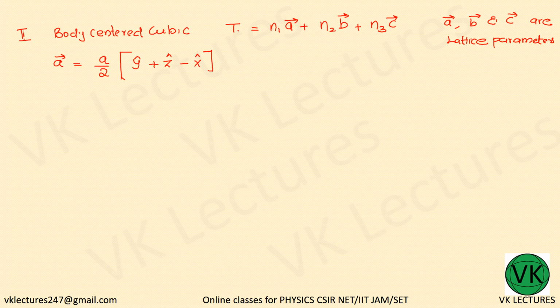Okay. Now lattice parameter B is a by 2 into z cap plus x cap minus y cap. Vector C is equal to a by 2 into x cap plus y cap minus z cap.